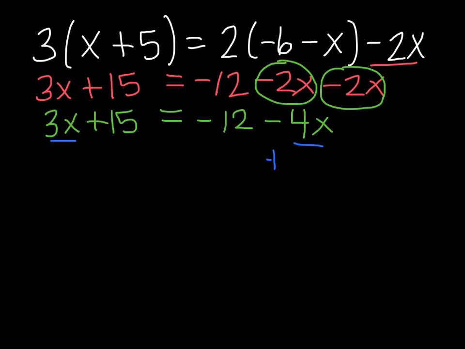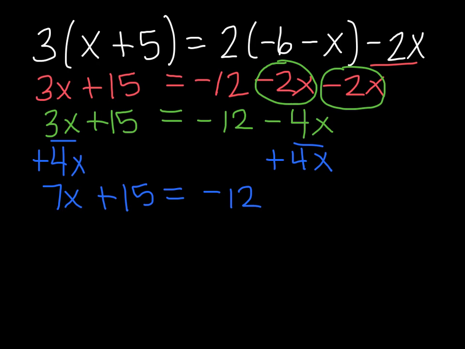So I'm going to get rid of those 4 negative x's by zeroing them out with 4 positive x's. So whatever I do to one side, I must also do to the other side. So I end up with 7x and 15 positives, and that weighs the same as 12 negatives because this guy's zeroed out. Now my next step will be to isolate my variable.